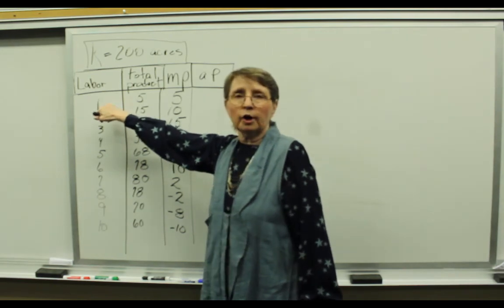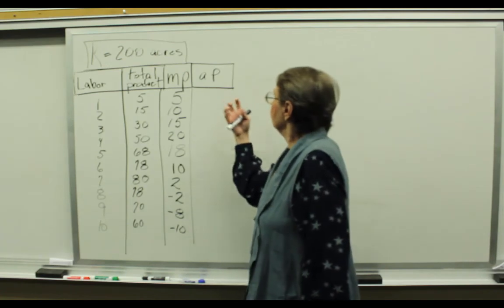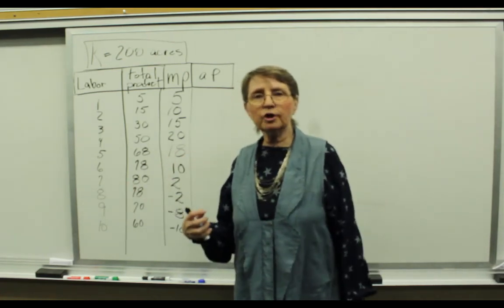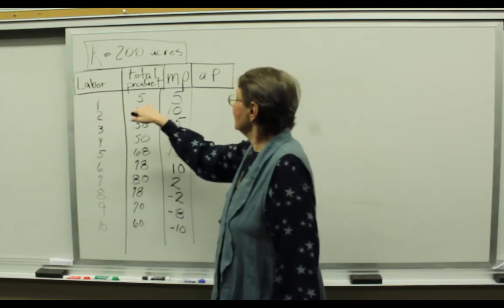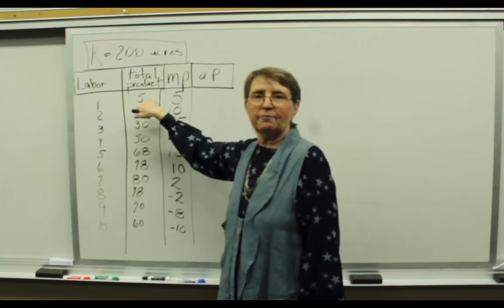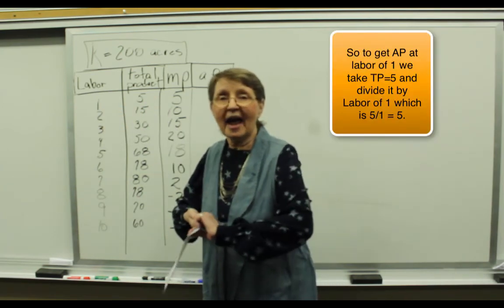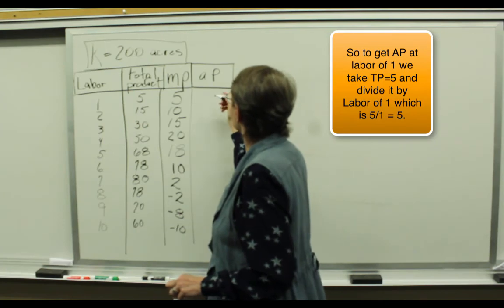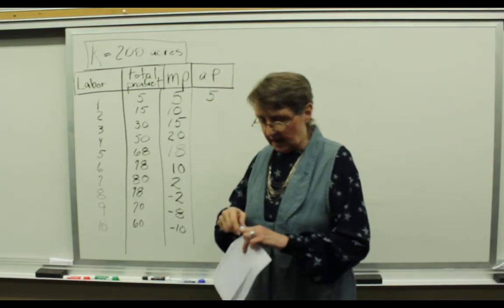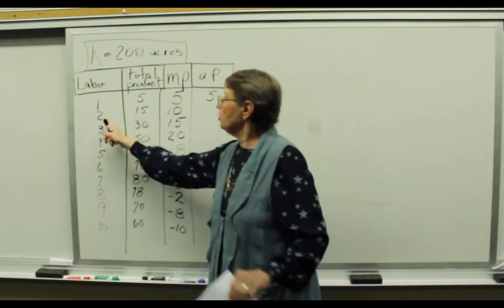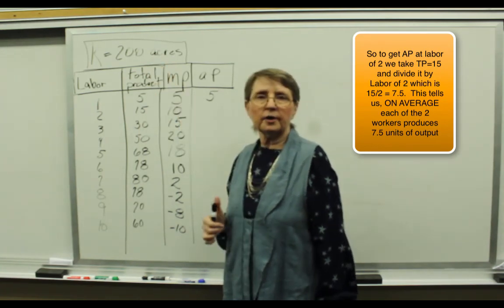and I put one worker on it, I'm going to get 5 bales of cotton. So if we're asking what is the average productivity of a workforce of size 1, then we've got 5 bales divided by 1 worker, so on average each of those workers is producing 5 bales. If I use 2 workers, I'm going to get 15 bales on my 200 acres.